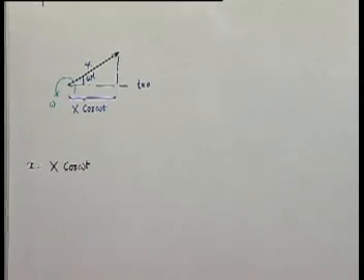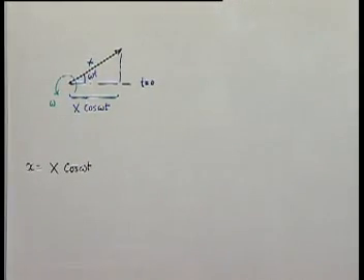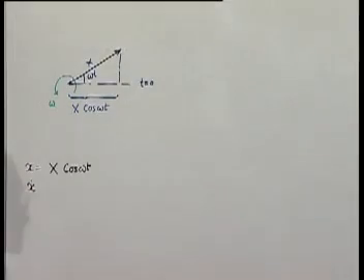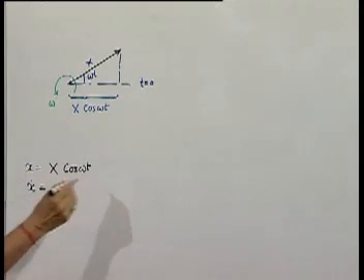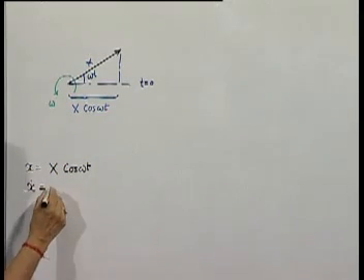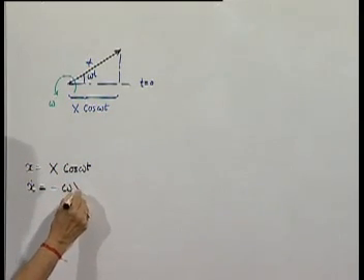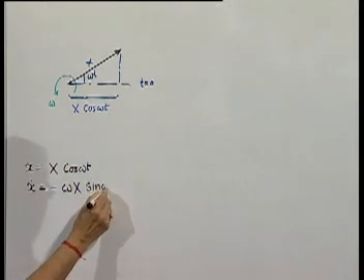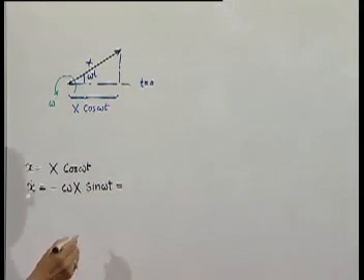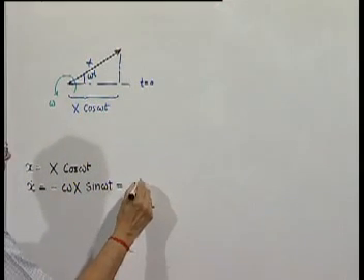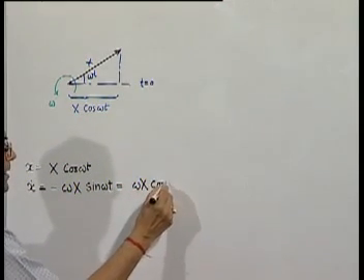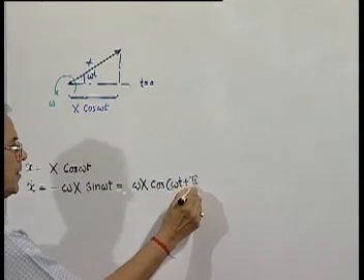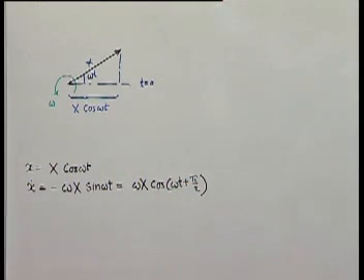Fine. Now, what will be x dot, or the instantaneous velocity? If we differentiate this with respect to time, we will get minus omega x sine omega t, which I can write again as omega x cosine of omega t plus pi by 2.